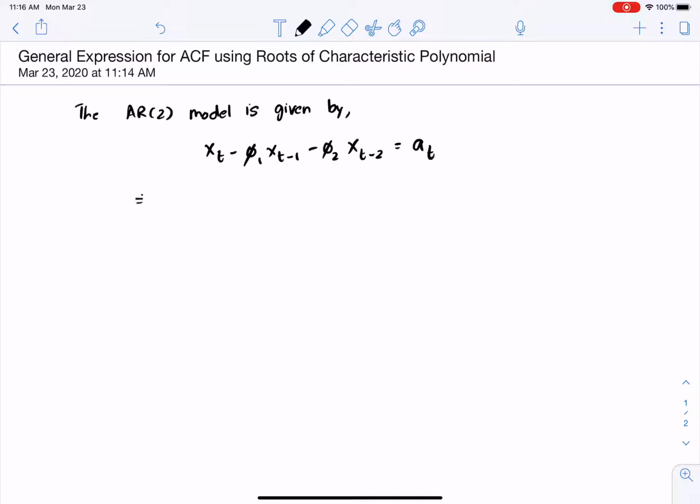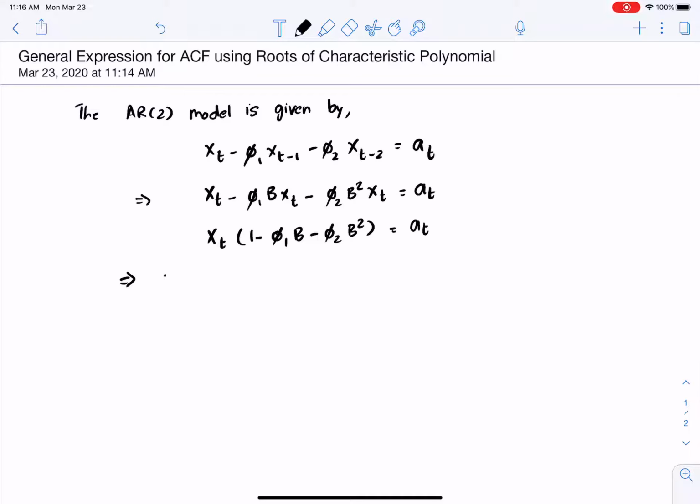This would imply xt minus phi 1 B xt minus phi 2 B squared xt equals at, and xt times 1 minus phi 1 B minus phi 2 B squared equals a sub t.